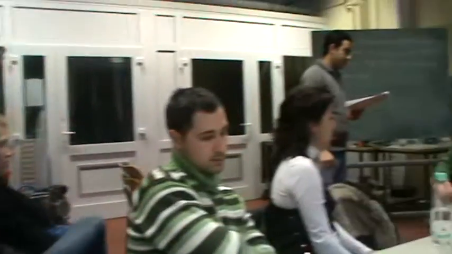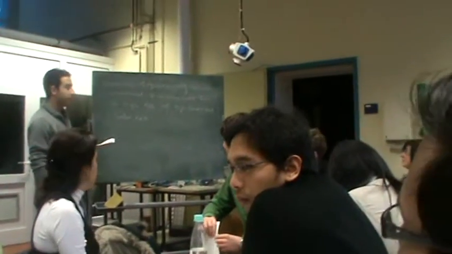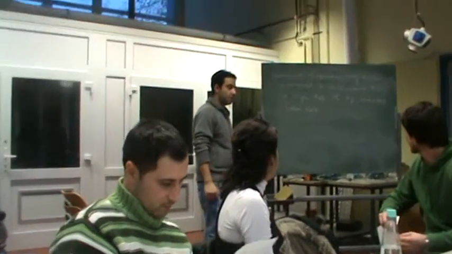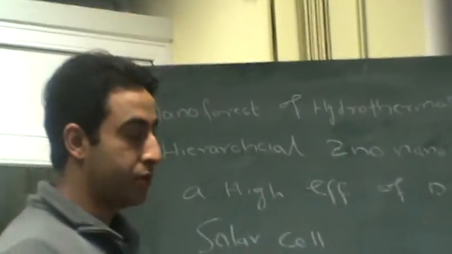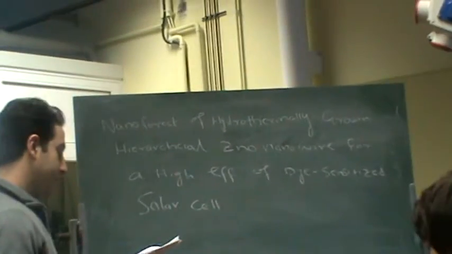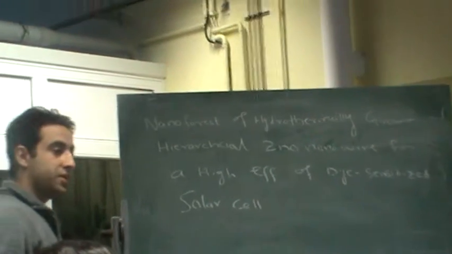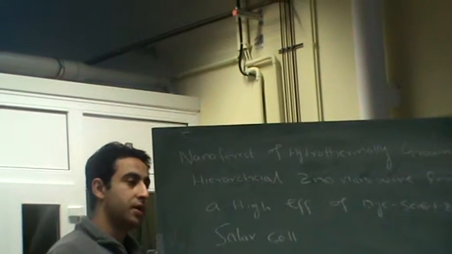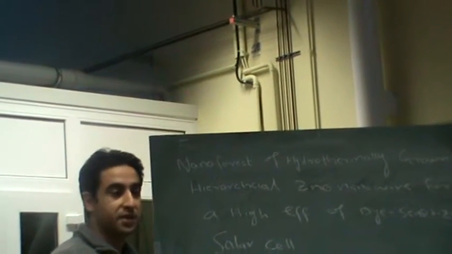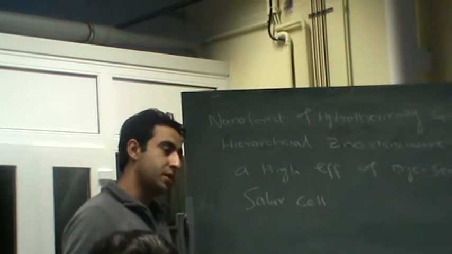The idea of the topic is to increase the power conversion efficiency. As we know, in solar cells we use titanium oxide to produce electricity. The idea is to use zinc oxide nanowires, increasing the branches of the zinc oxide nanowire to have more efficiency to produce energy, electricity.